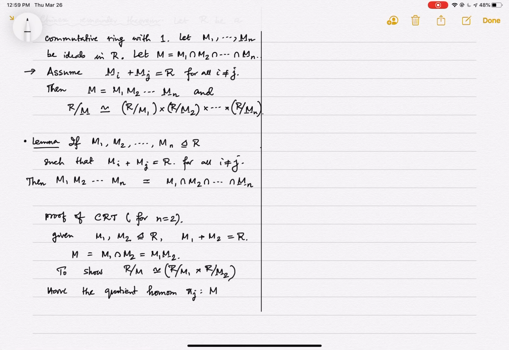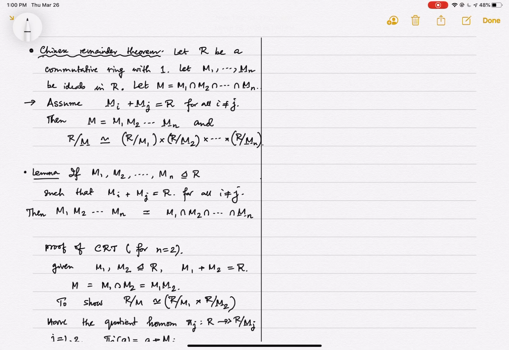From R to R mod Mj for j equals 1, 2. So pi j of an element a is a plus Mj. That's the natural map. And this is a surjective ring homomorphism.